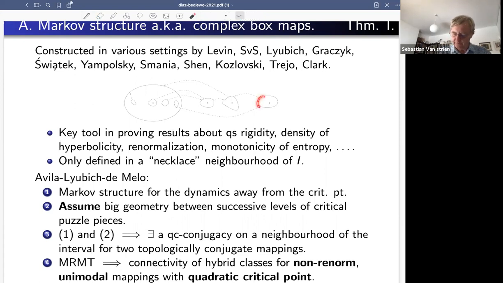You have these sets, which I draw here. And these are the ranges. And then if you take the first return map to the ranges, some of the domains will be compactly contained in the ranges, so this domain.